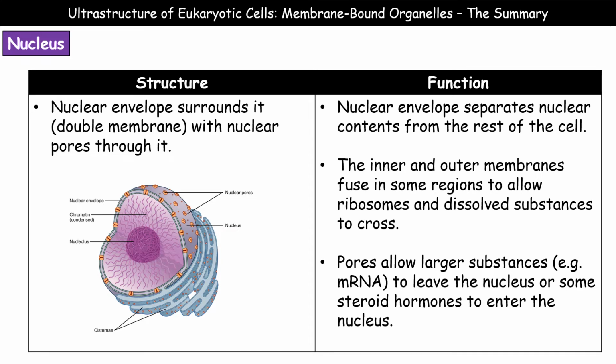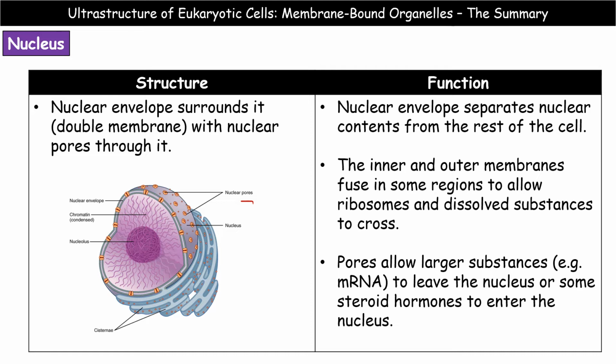We describe it as a nuclear envelope because it's a double membrane, okay? What that means is that we've got two layers running around the outside of this nucleus to form that envelope. And going through the nuclear envelope itself, we've got these little things called nuclear pores, tiny holes running through, and we'll look at those a little bit later in this video.